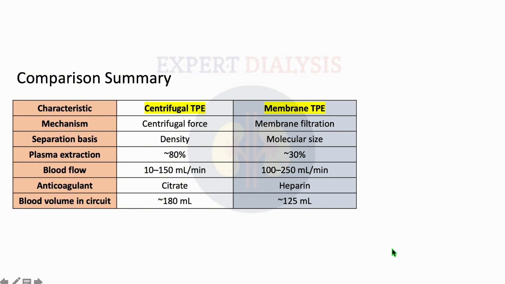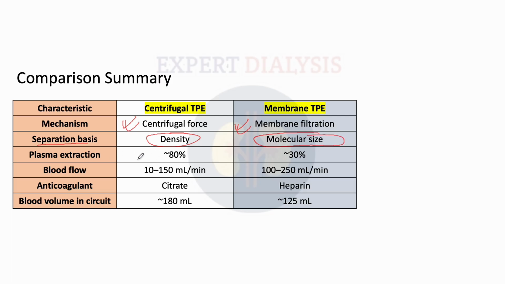Now here is a quick comparison between the two. The first is centrifugal and the second is membrane. What is the mechanism? In centrifugal, centrifugal force is employed, and in membrane we employ membrane filtration. Separation in centrifugal is based on density, and in membrane TP it is based on molecular size.